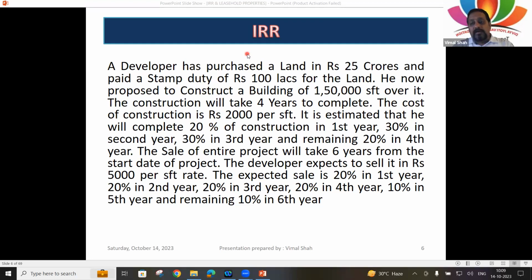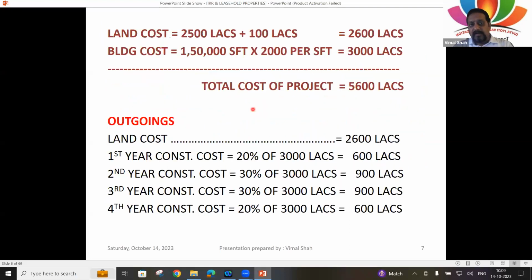To find out IRR, we first prepare a cash flow diagram: when will be all the outgoings, when will be all the incomings. So here I will be preparing a cash flow diagram. Say the land cost is 25 crores, plus he has paid 1 crore rupees for the registration and all.